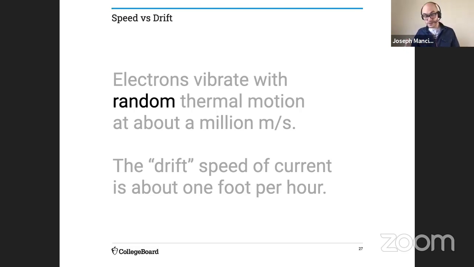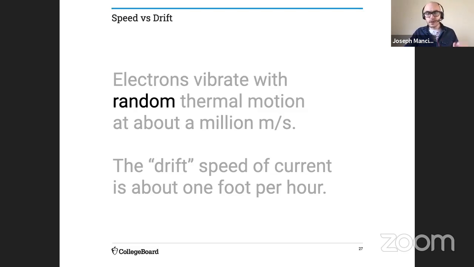If you go to the hardware store and buy a roll of wire, the average velocity of the electrons in that bundle of wire is just 0, even though they have temperature. The average speed of the electrons in that wire is really fast, about 1,000,000 meters per second.